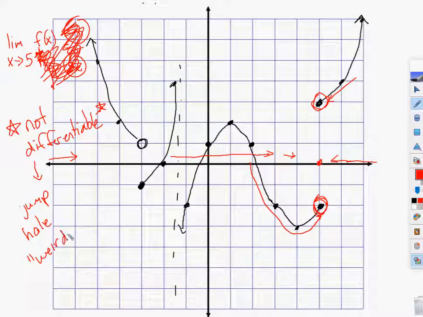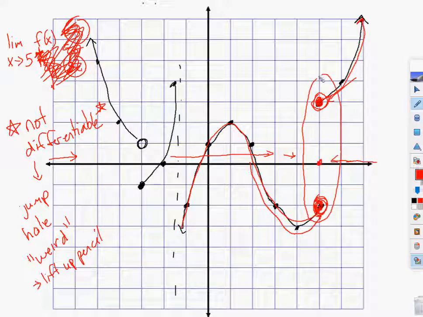Well, what do I mean weird? If I have to lift up my pencil to draw, then it is something that is weird. If I can make it nice and smooth, like I can draw this nice and smooth without lifting up my pen, it is differentiable. But right here, I have to lift up my pen in order to get to this other side. So then right here, my function is not differentiable.